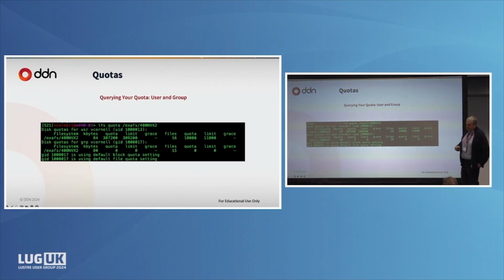And as with your normal commands, we can do a quota command. lfs also has a quota. So you can actually see on here, do lfs quota and give it the path name, which is where Vic resides. And I think you have a user quota and a group quota. You can also apply a quota to a pool as well.